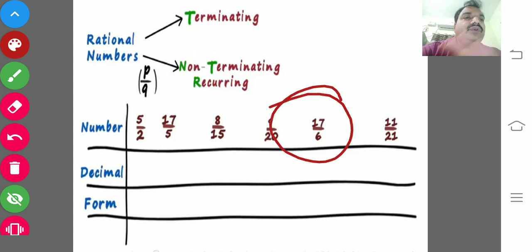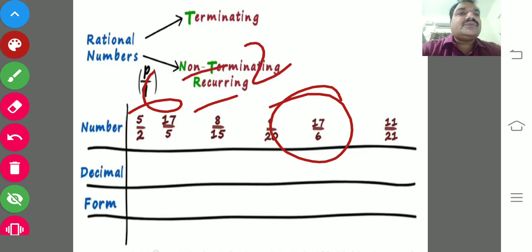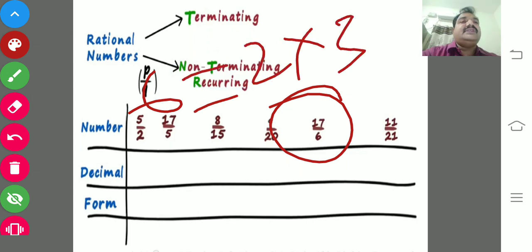And if you go with 17 by 6, focus on the denominator. So what is the denominator here? 6. So 6 can be written as 2 into 3. You just convert into prime factorization, product of primes. So I have applied the fundamental theorem of arithmetic. Any composite number can be expressed as a product of prime numbers, what we discussed in the previous session.